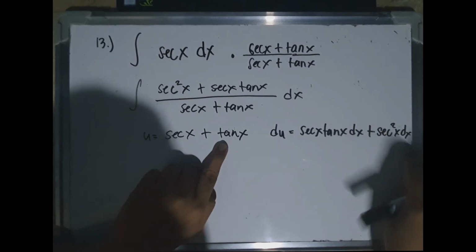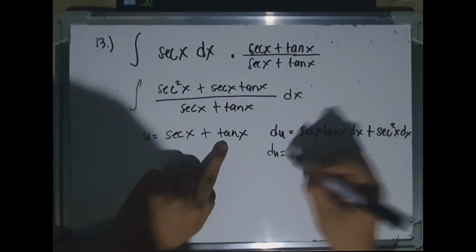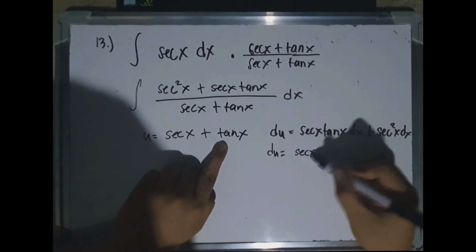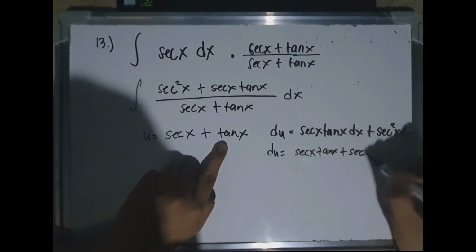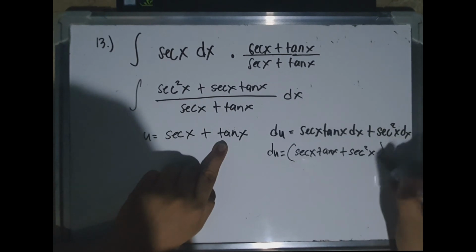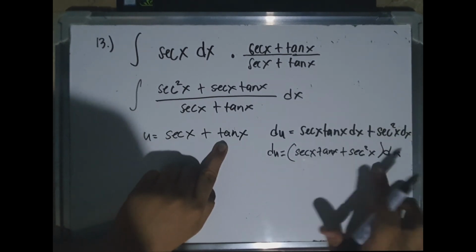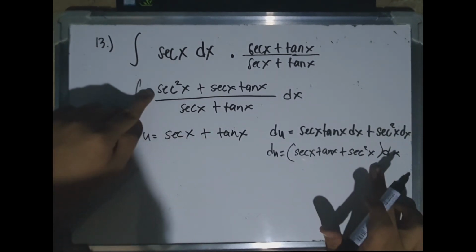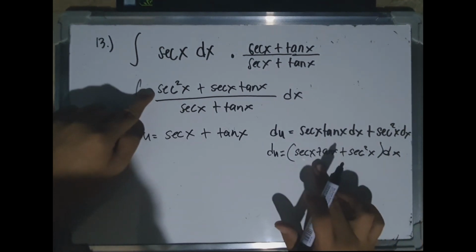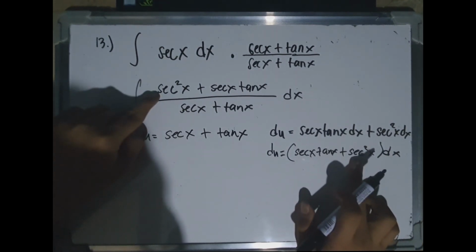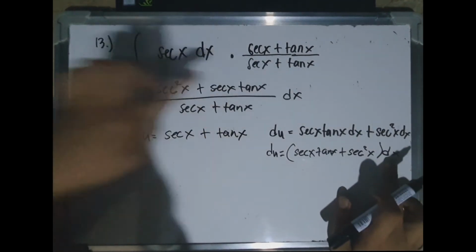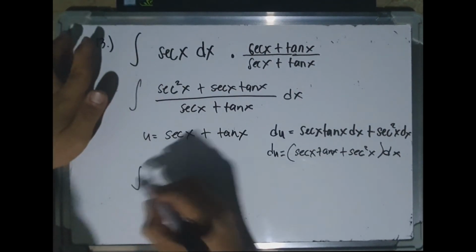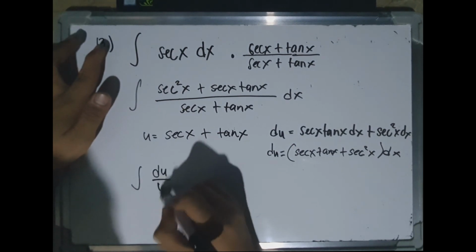Factoring out the dx, secant x tangent x plus secant squared x dx. Notice it is in our numerator. So, arranging, we have secant squared x plus secant x tangent x dx. So, this is now the form of du over u.